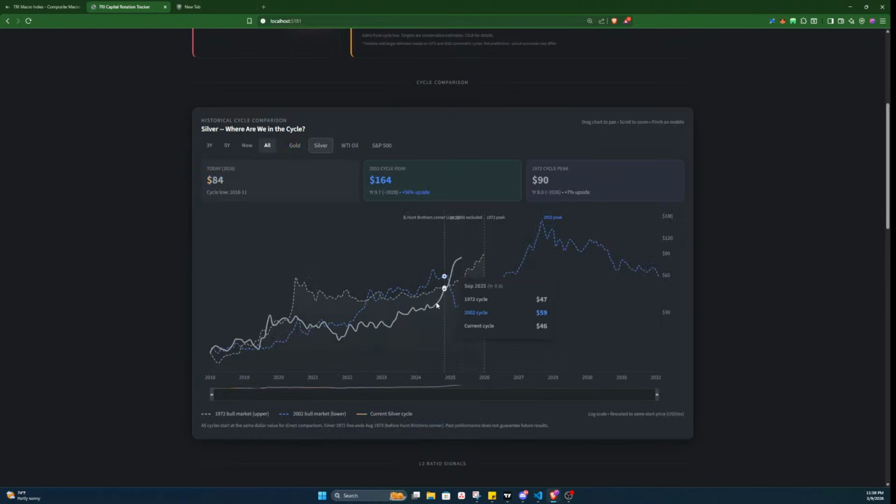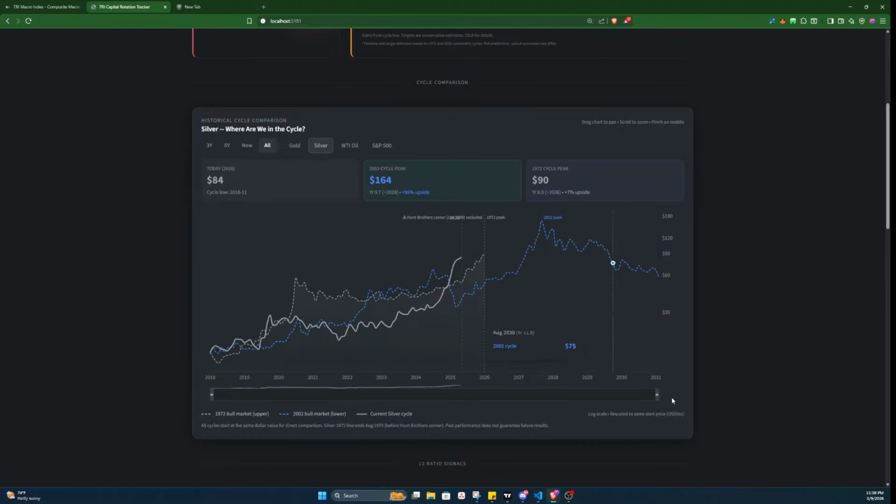Silver, you can see we massively took off. 1972 is cut off, by the way, because of some market manipulation by the guys called the Hunt brothers. Hello, Hector. And you can see in 2002, we peaked in the equivalent of 2028. If we match that, we'll go to 164.